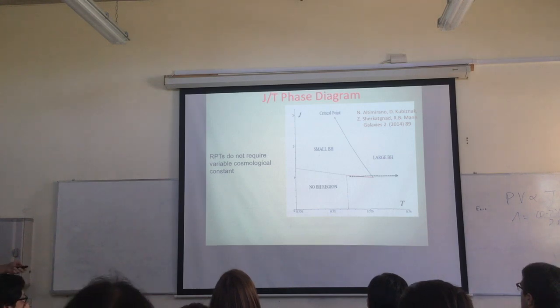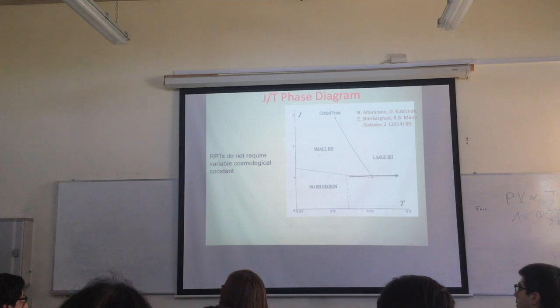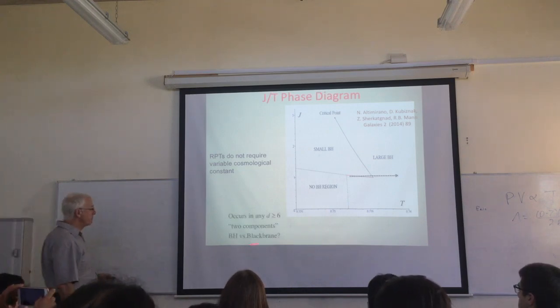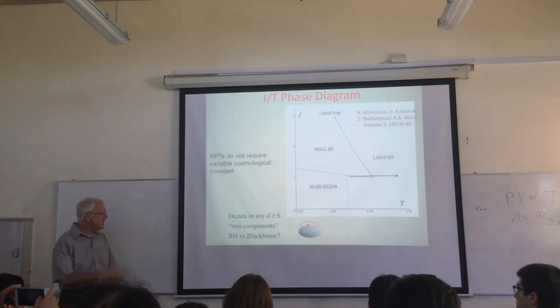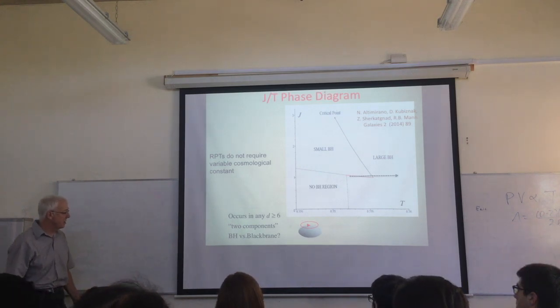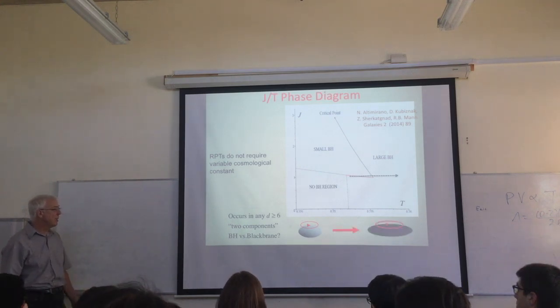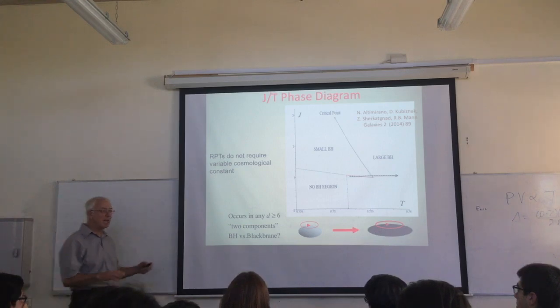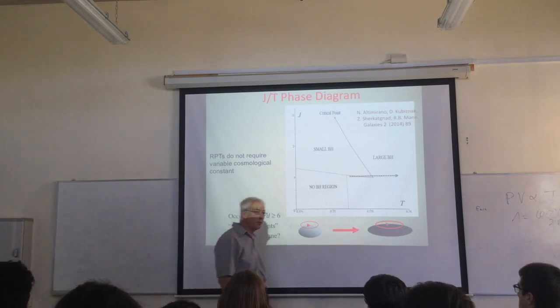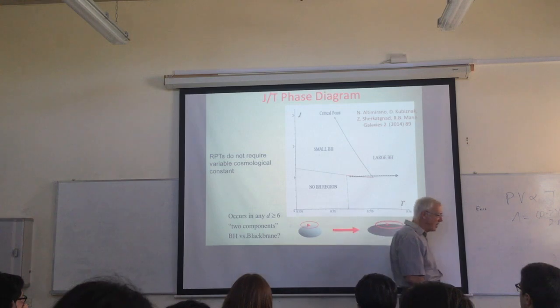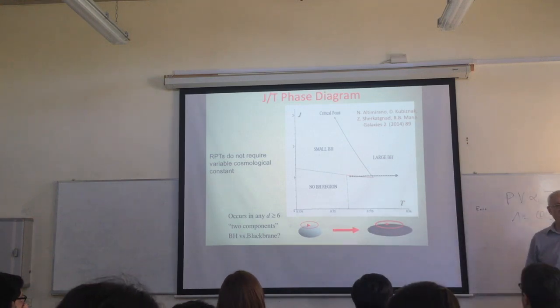They don't require a variable lambda, just the way that you wouldn't have to vary j. I could say just fix a j right here. You're going to see this transition: big, small, big. It occurs in any d greater than 6, this is Andre's question. It may be because you could get black hole to black brane transitions there, and we think this might be connected with that, but we're still not sure.